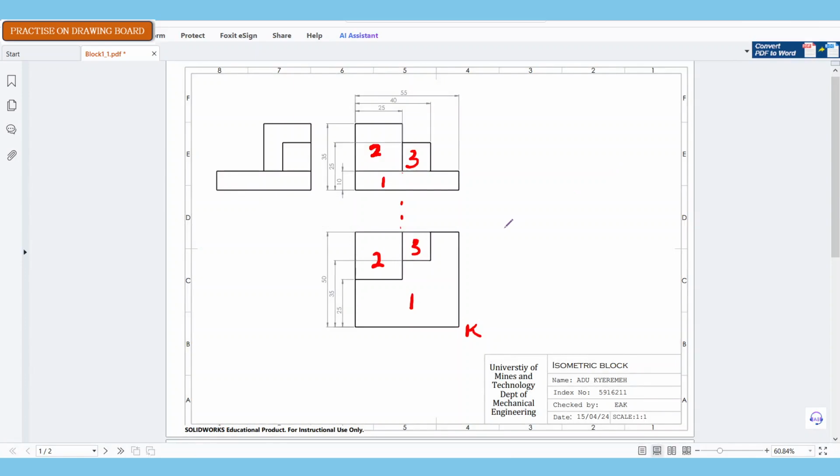So let's now attempt to draw the top view. So the overall dimensions are 50 on the one side and then 55 on the other side. So I have 50 here, then 55 there. All right, so I head back.